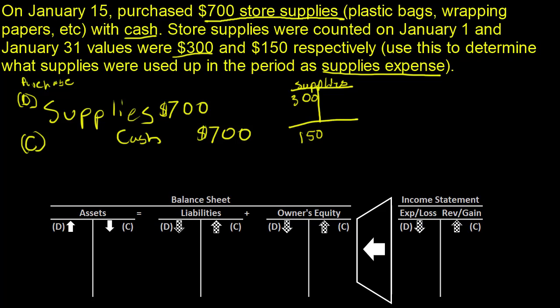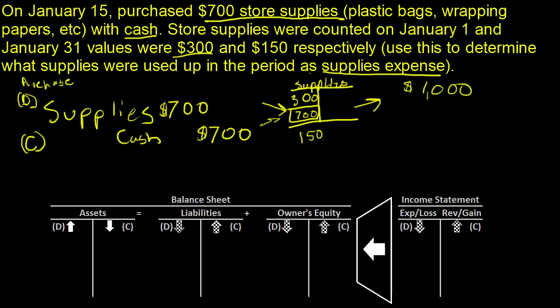And remember, T accounts work in two parts. Things go in and things go out. And it depends on if it's an asset or liability which side, debit or credit, it is. Supplies is an asset, so the things that go in that make it bigger, well, we had this $700 purchase. So we know we had $300 at the beginning plus $700. That means we had a total for the period of $1,000 worth of supplies.